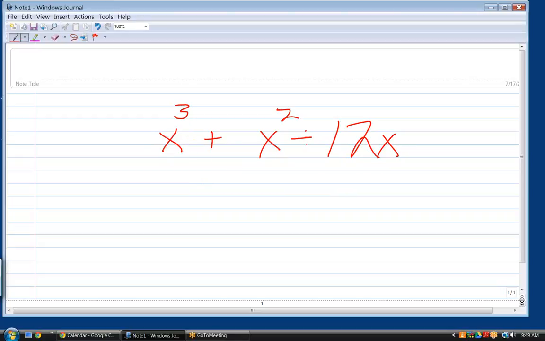Now, your first clue here is that at no time in the next year or two are you ever going to have to factor what are called cubics. So if you see an x cubed, you know immediately that you must be able to take an x out of that. Because once I factor out the x, what do I have left?